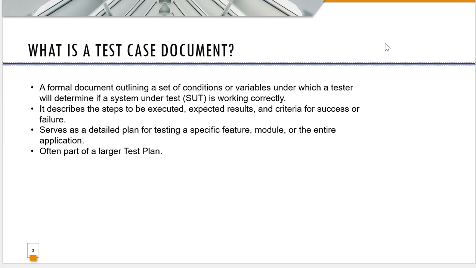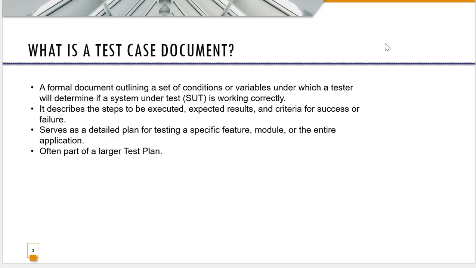So it is a formal document outlining a set of conditions or variables under which a tester will determine if the system under test is working correctly. We build a system, and whatever the business requirement or functional requirement is, on that basis the system should work or not work, and that we will test in the test case document.